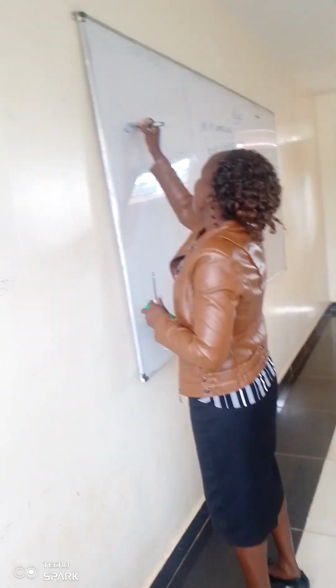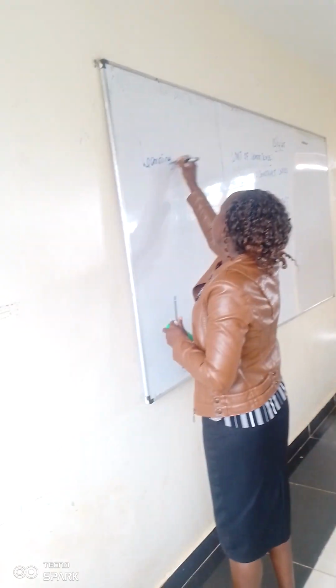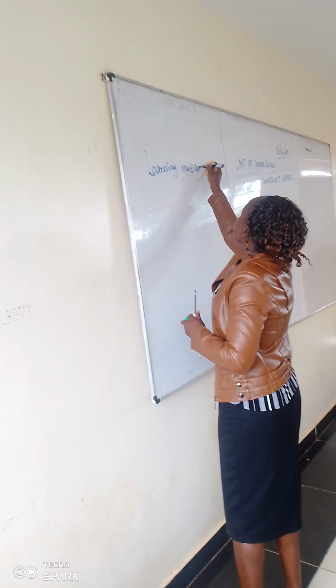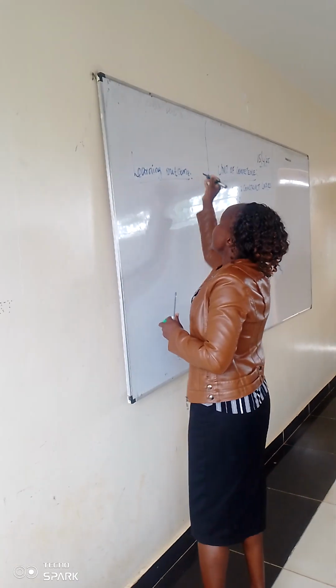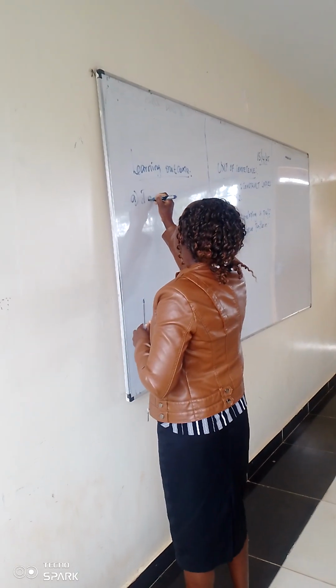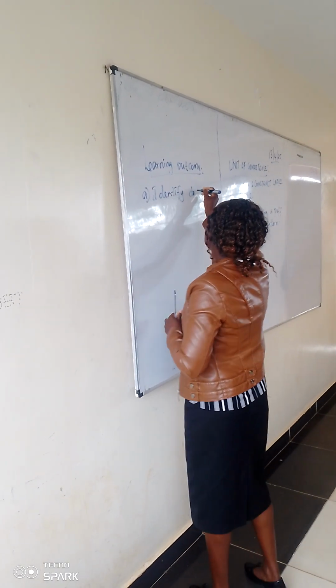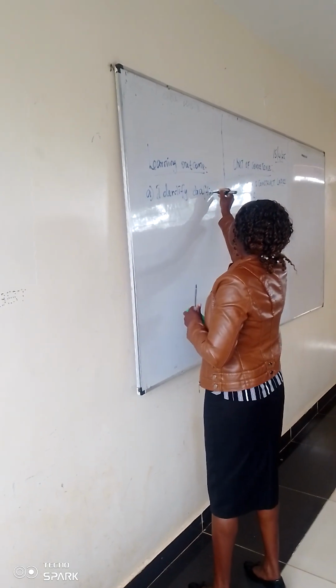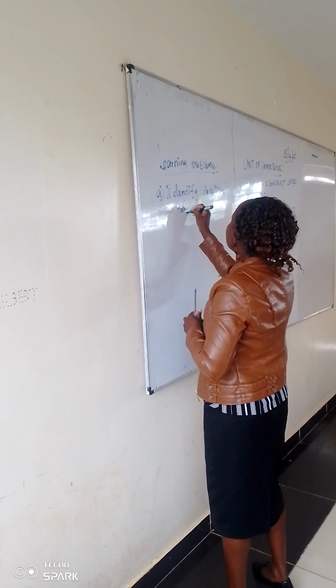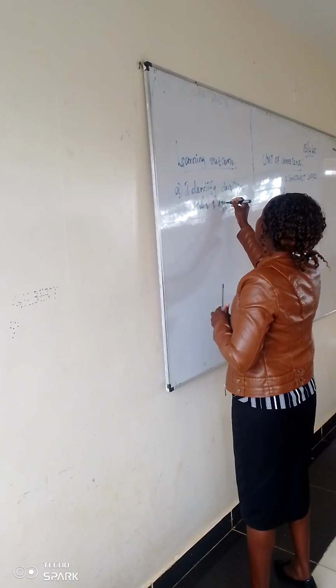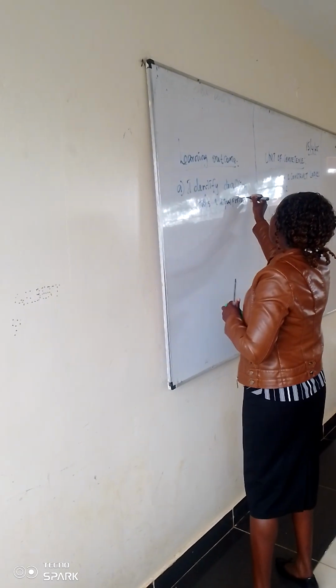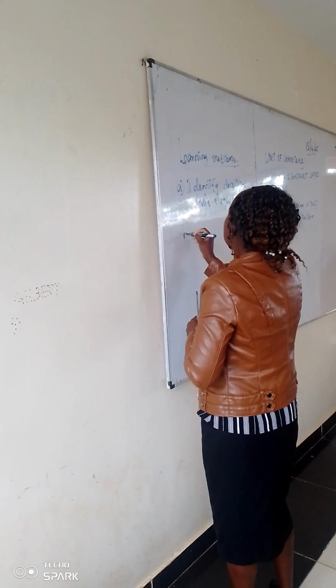Our learning outcomes: at the end of this, you should be able to identify the drafting tools used in developing a half sleeve.